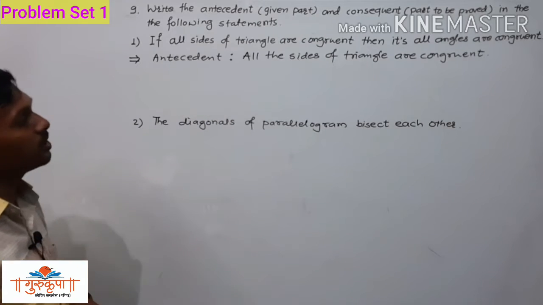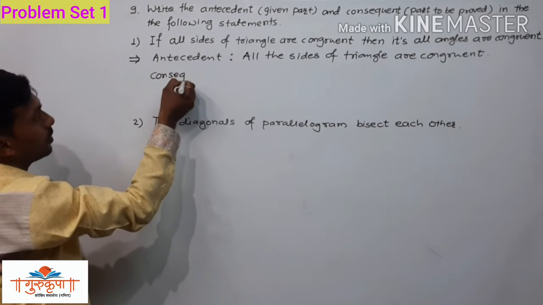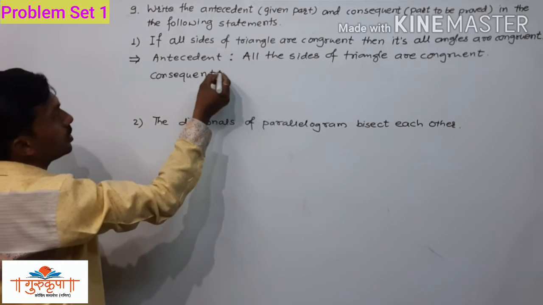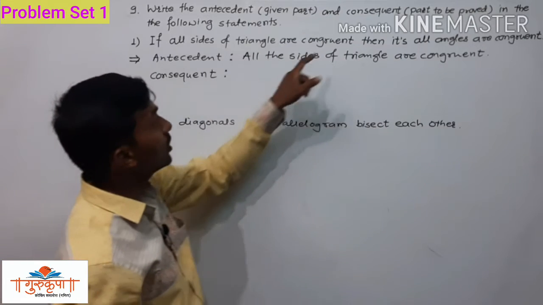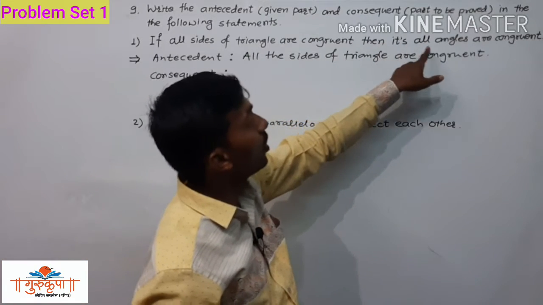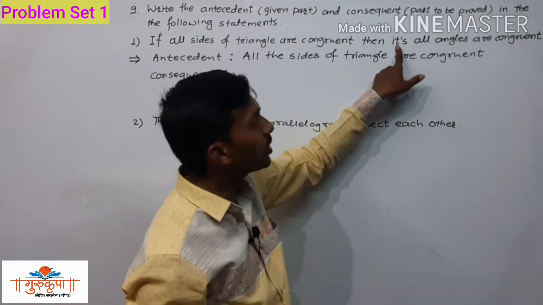Now we have to write the consequent also. Consequent is the statement followed by then. After then what is written there? It's all angles are congruent. Here it is used for a triangle.